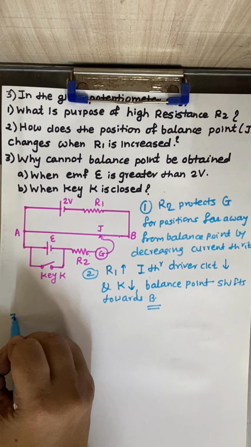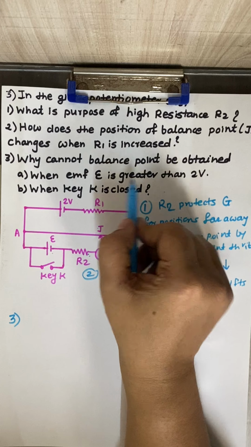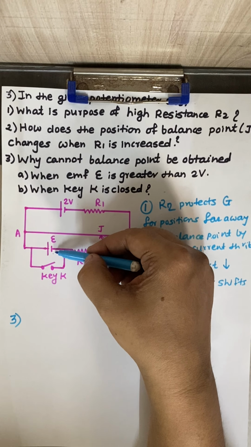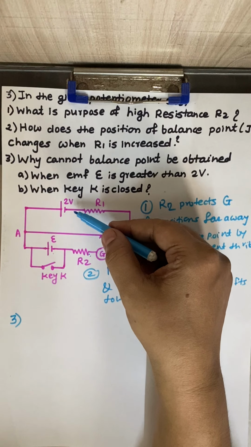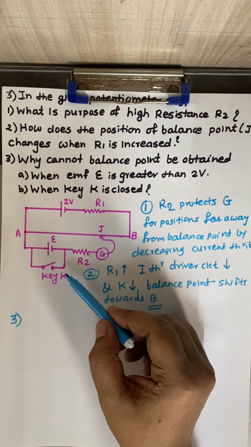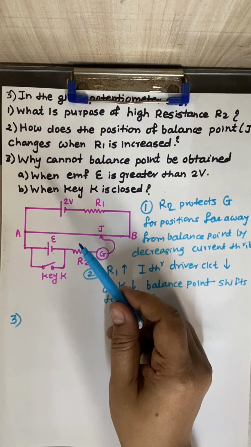Now the third one they have asked: why can a balance point not be obtained when the EMF E of the experimental cell is greater than 2 volt? Obviously, when EMF E is greater than 2 volt, the balance point is not obtained because the potential drop across the wire will be lesser than 2 volt.